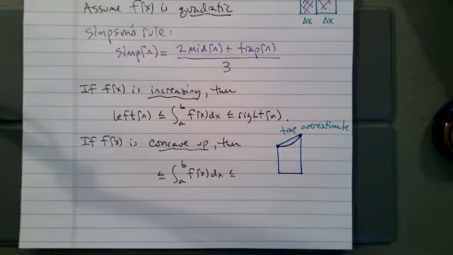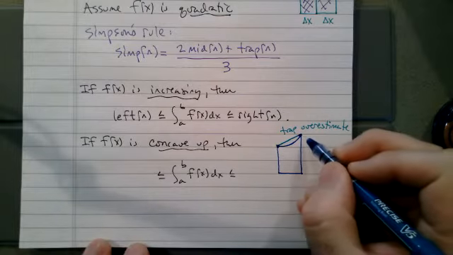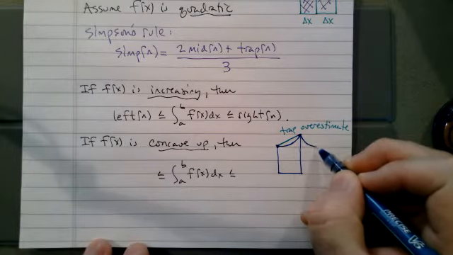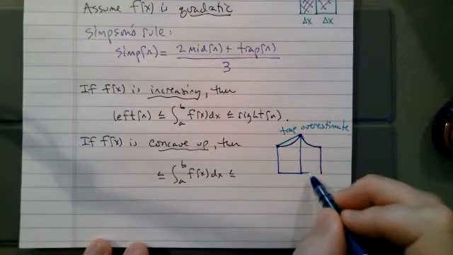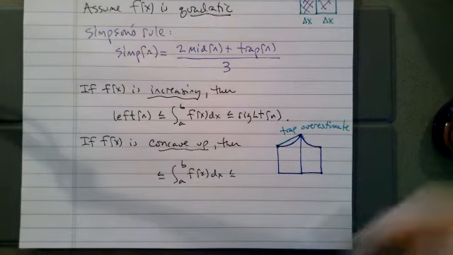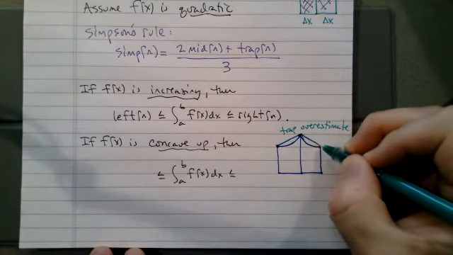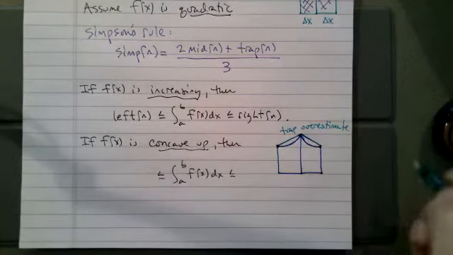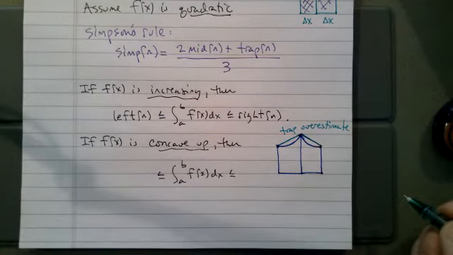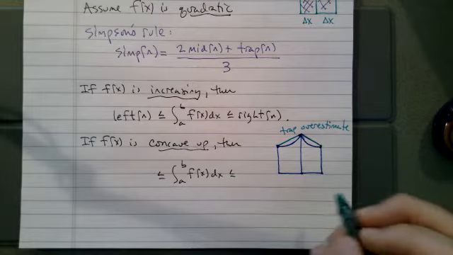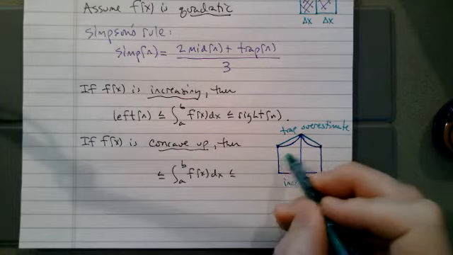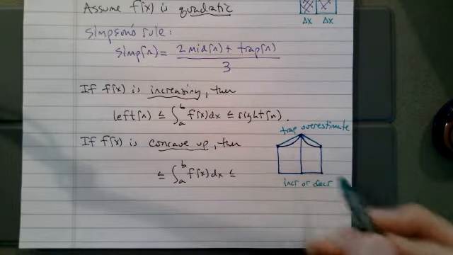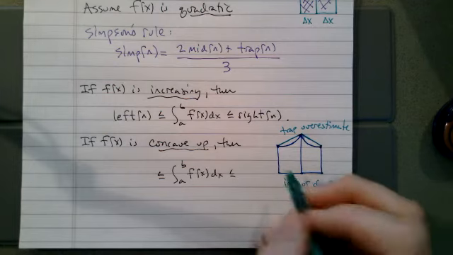This is whether the function is increasing or decreasing. If I have a function that's decreasing and concave up, the trapezoidal rule still overestimates. So whether the function is increasing or decreasing, if the function is concave up, the trapezoidal rule will be an overestimate.